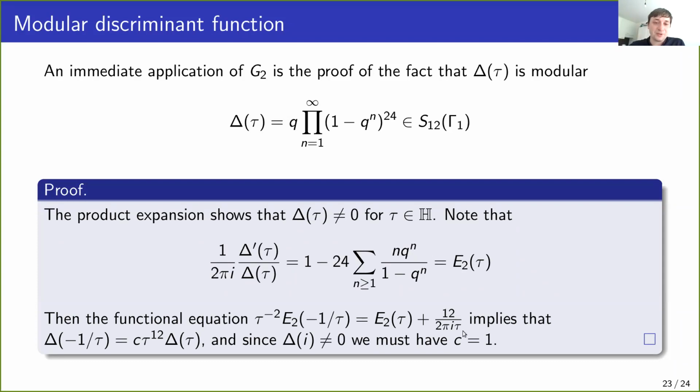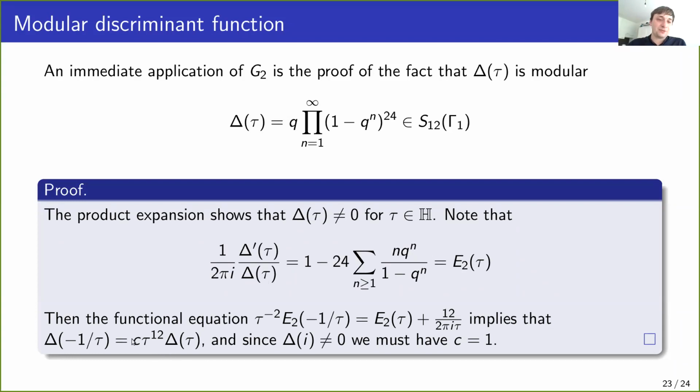Now what you do is you apply the functional equation for E2, which reads this way. And this tells you that the derivative of the logarithm of delta transforms a certain way. Then if you integrate it once, you get that the logarithm of delta transforms in a certain way, with maybe some constant. And that transformation law is exactly this.